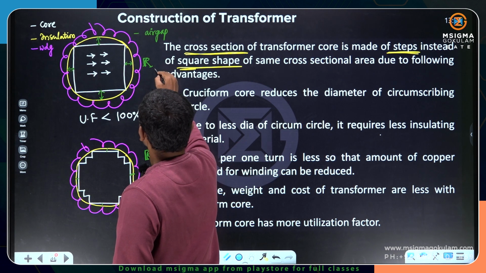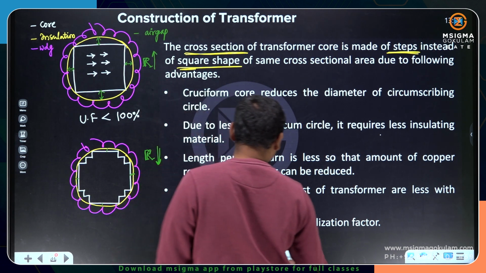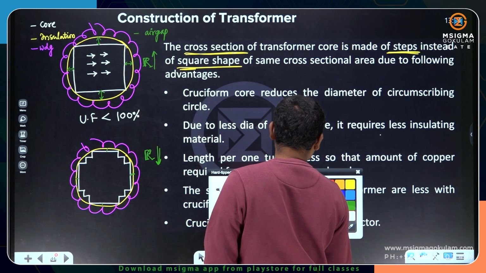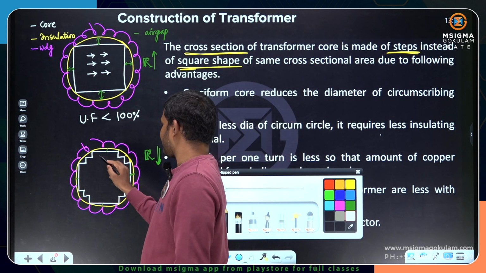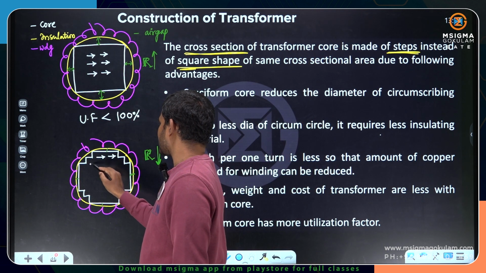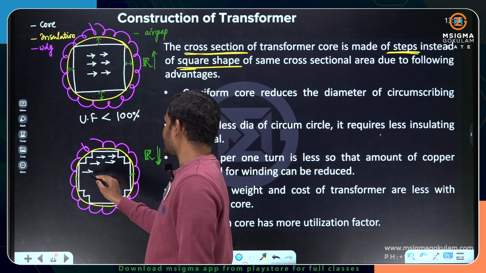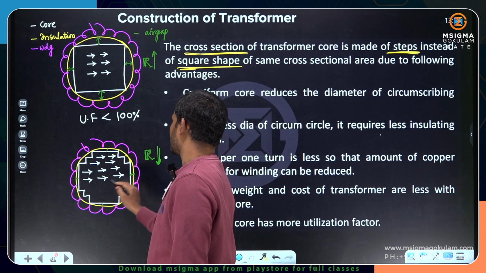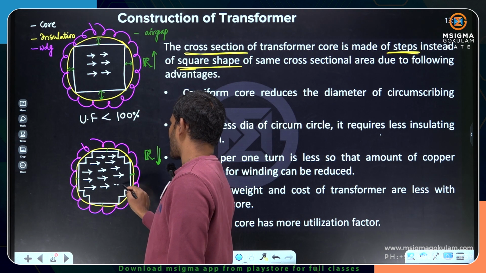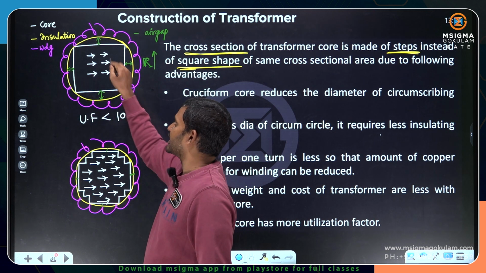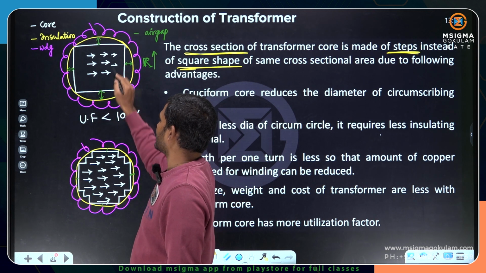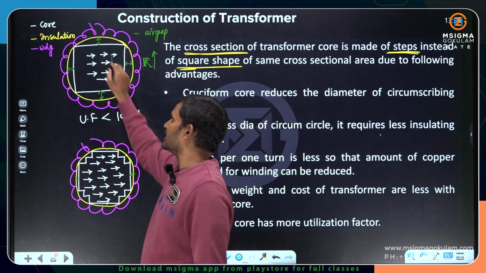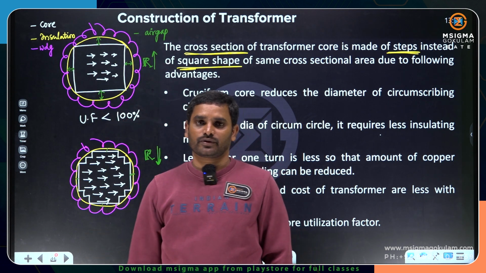Where reluctance is more, the magnetization is going to be a little less, and here the magnetization is going to be more. Uniform magnetization can take place in the stepped core, or otherwise cruciform core, whereas non-uniform or incomplete magnetization takes place in the square shaped core.